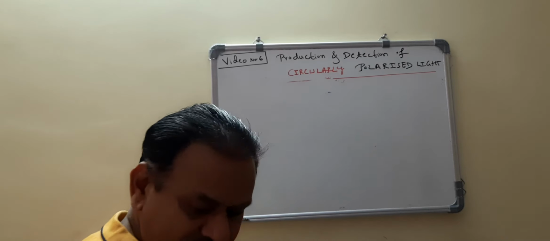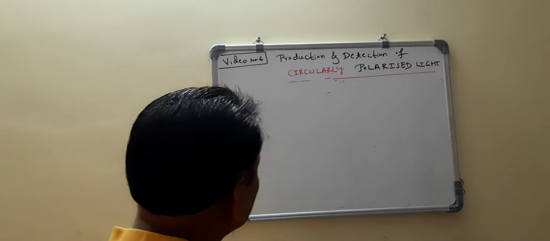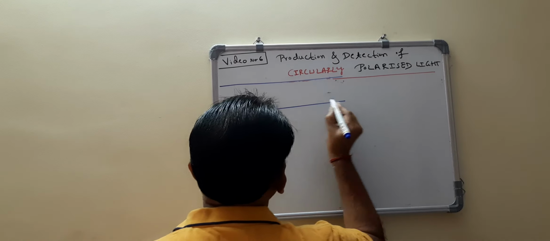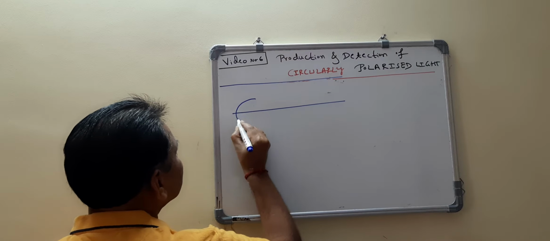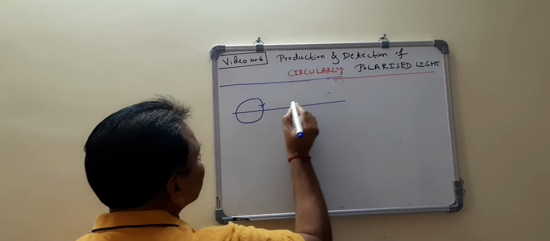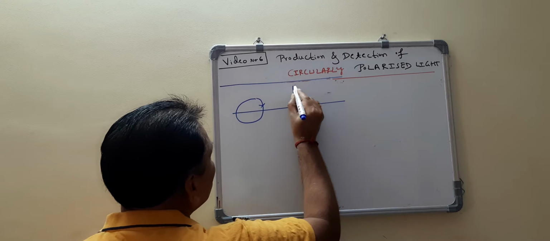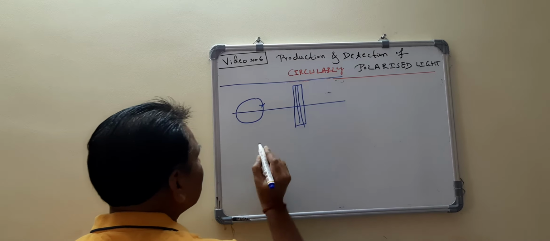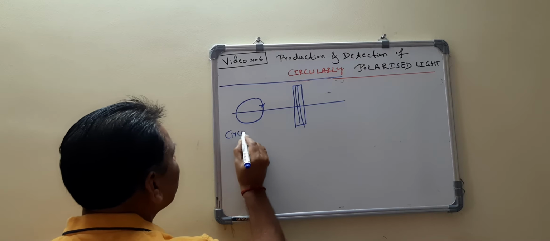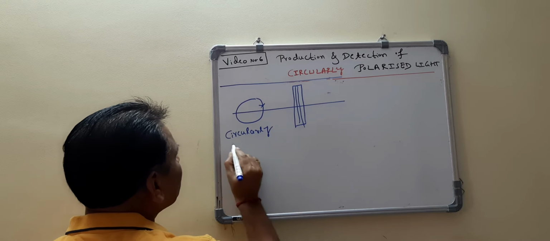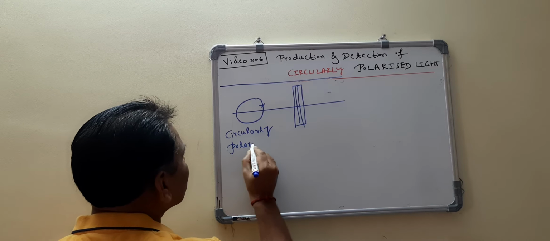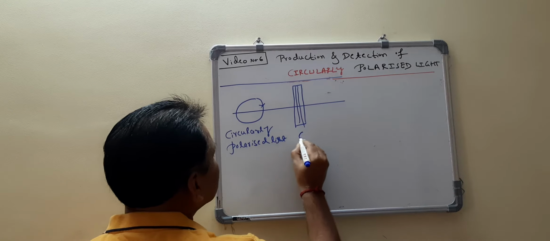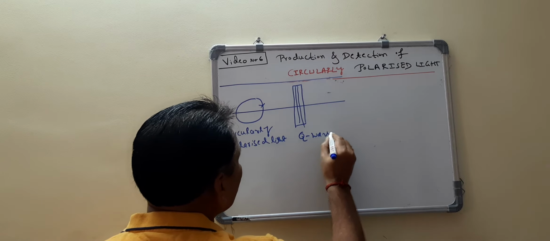Now, how to detect? What I'm doing is, this is the circularly polarized light, and this is the quarter wave plate.